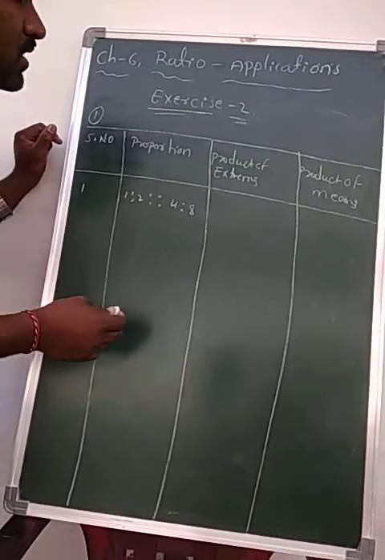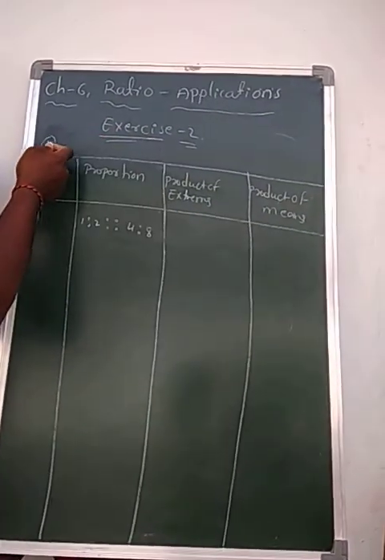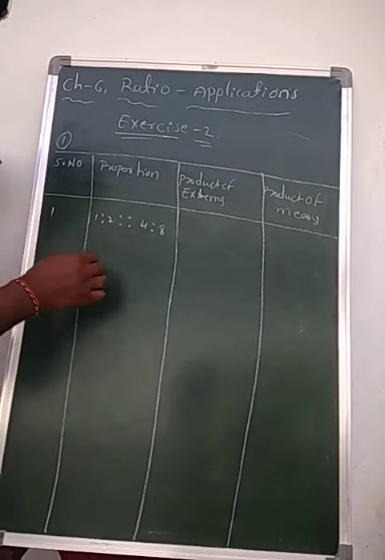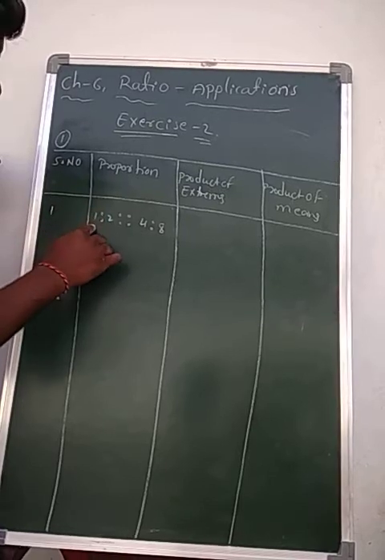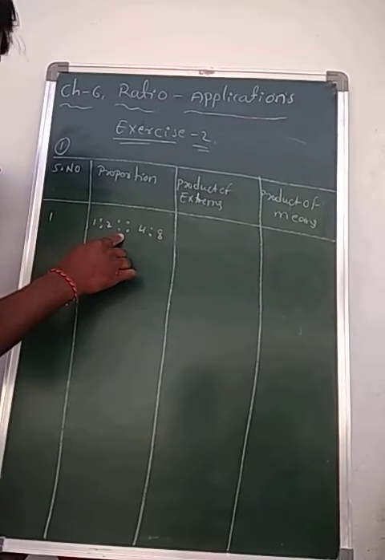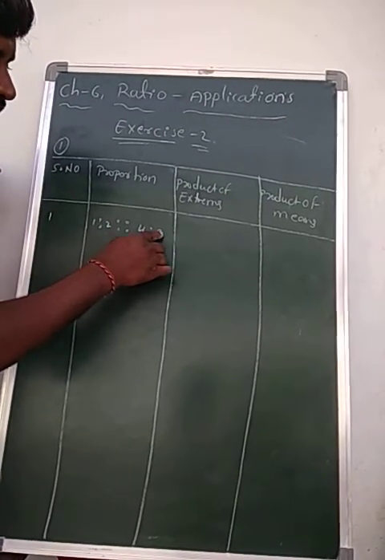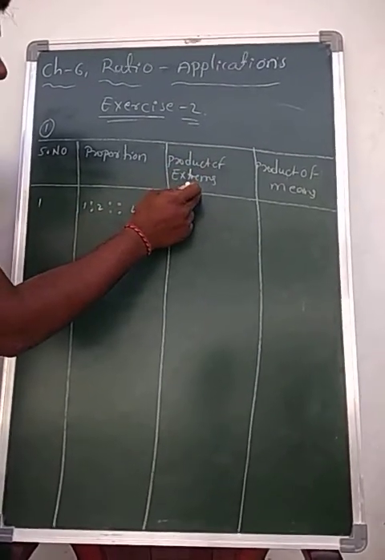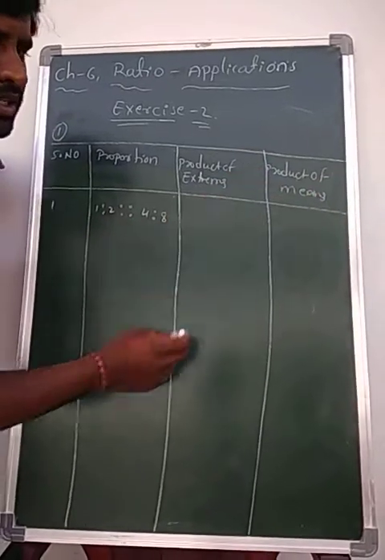Now exercise 2, first question. The table is given like this. Proportion 1:2 is as 4:8. In this place, product of extremes and product of means.